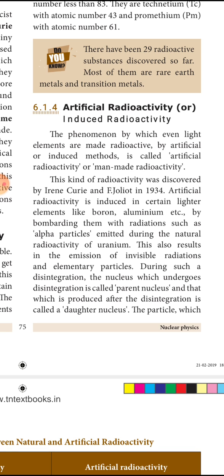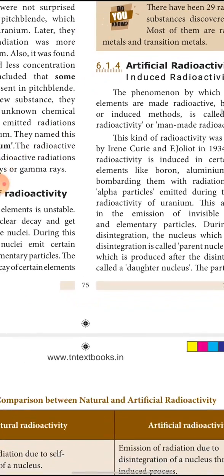For example, if an element is emitting alpha particles, the alpha loses mass, isn't it? So it will be converted into some other nucleus, with an artificial radioactivity phenomenon. This also results in the emission of invisible radiation. During such disintegration, the nucleus which undergoes disintegration is called the parent nucleus, and the newly formed nucleus is called the daughter nucleus.